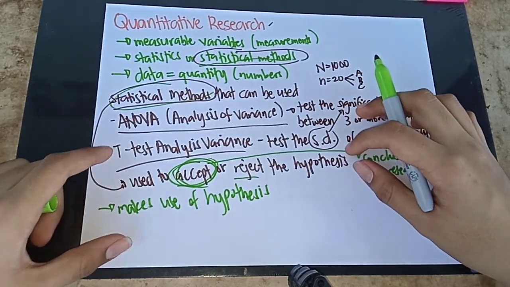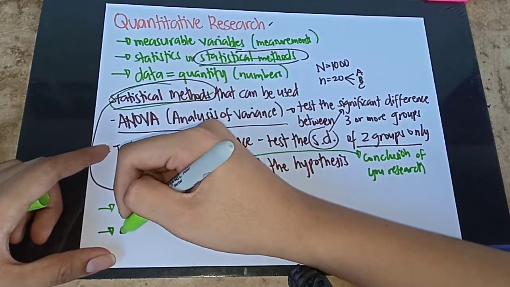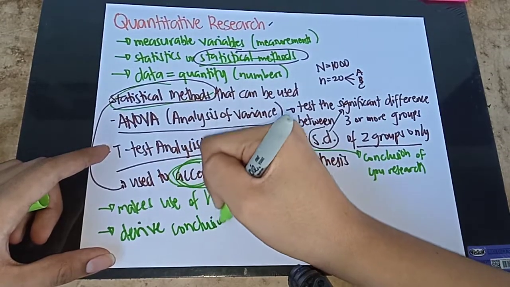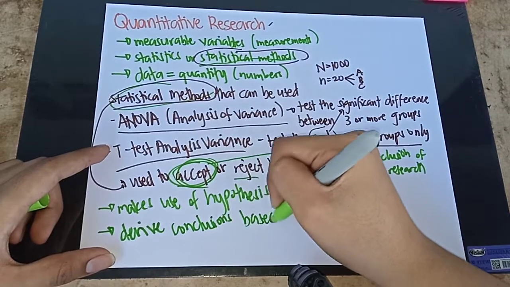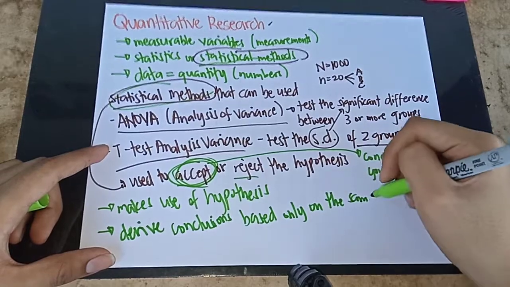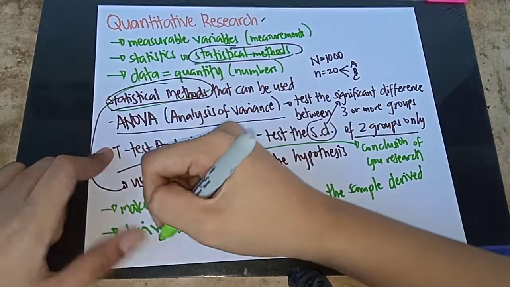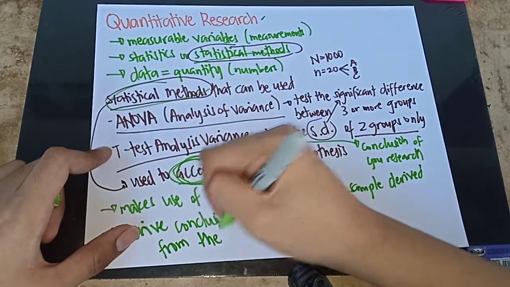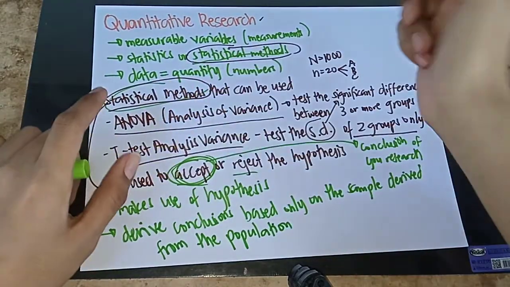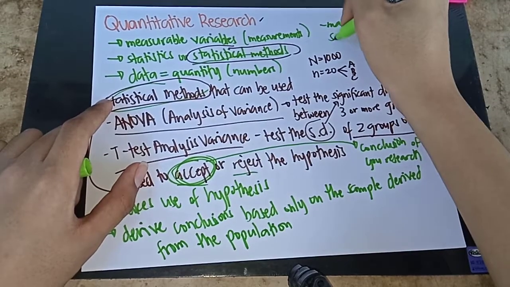Now, another characteristic of quantitative research is that we derive conclusions based only on the sample derived from the population. Meaning to say, in quantitative research, we make use of sample sizes.